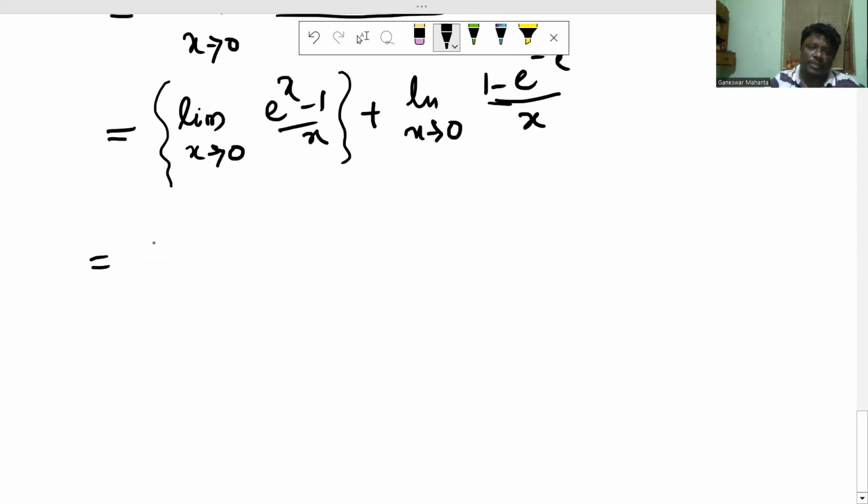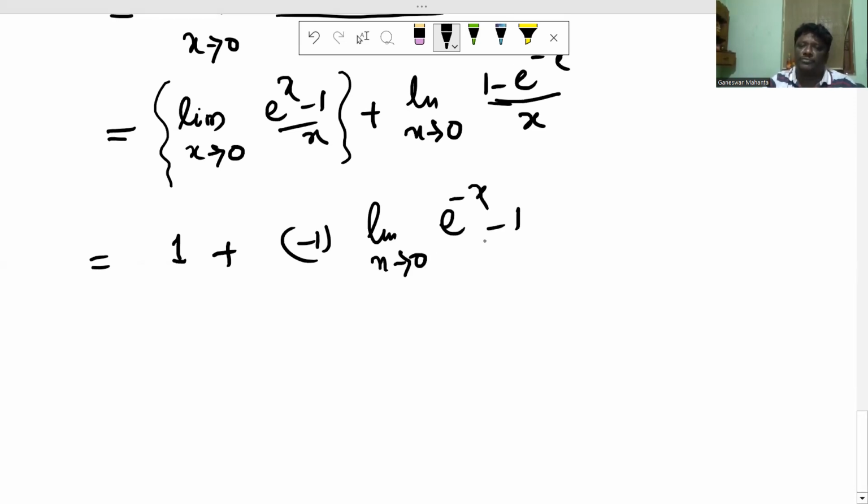So just write here, this is 1 plus, you take a common minus 1 here. Then limit x tends to 0, (e to the power minus x minus 1) by x. This is 1 already here.